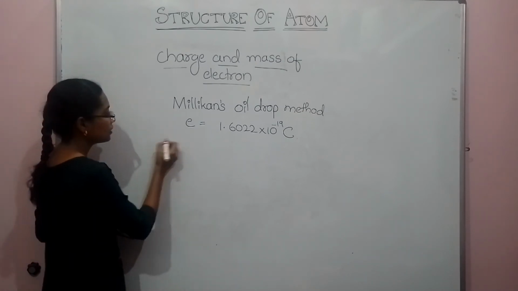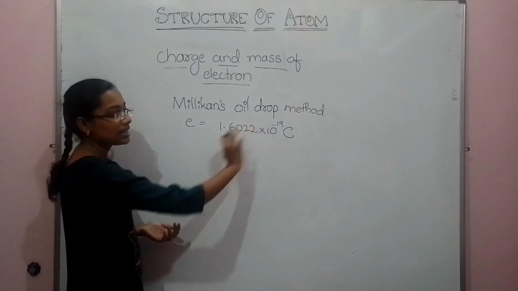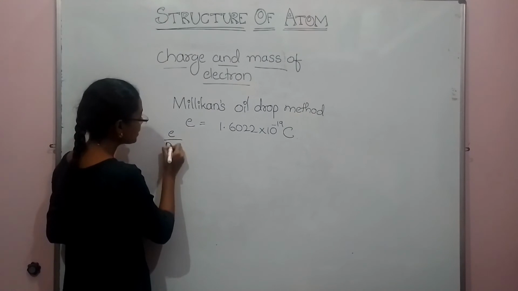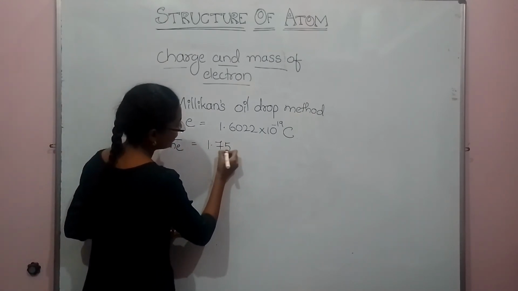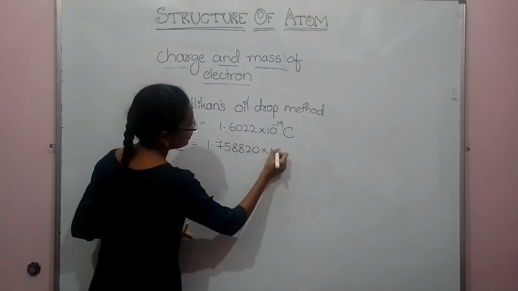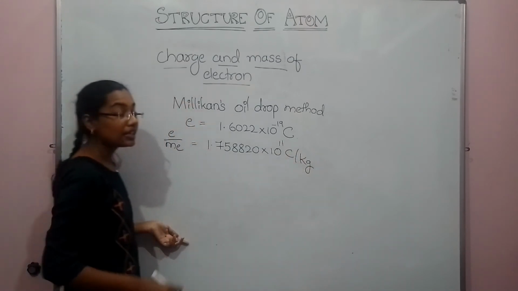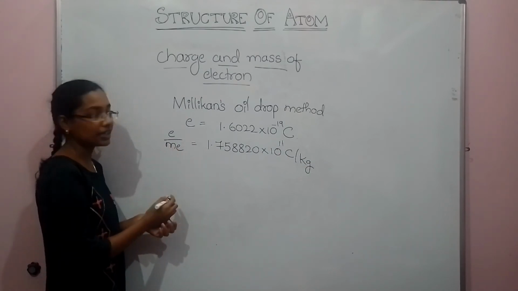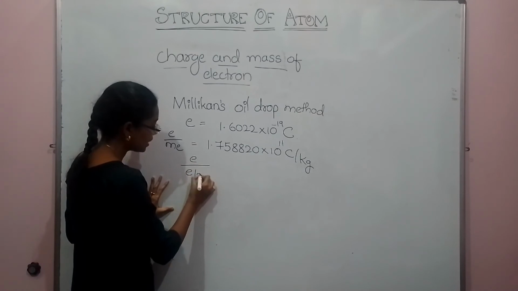We know that e is 1.6022 into 10 to the power minus 19 coulombs, and the value of e by me is 1.758820 into 10 to the power 11 coulomb per kg. What we want is the mass of the electron, so it is simply e divided by e by me.